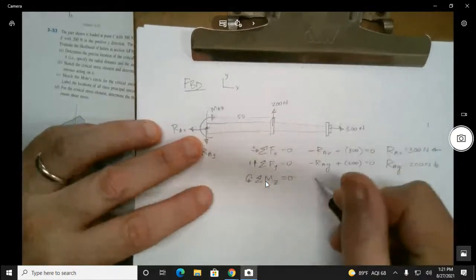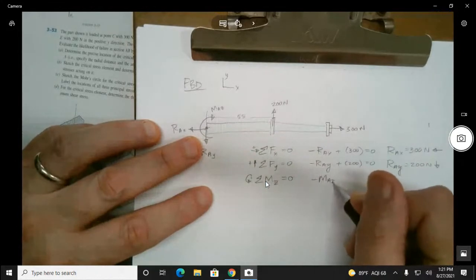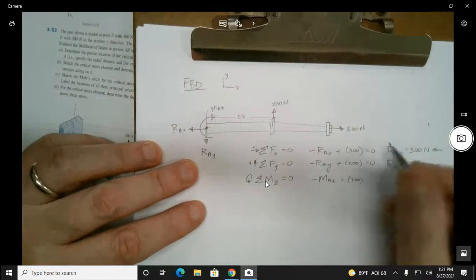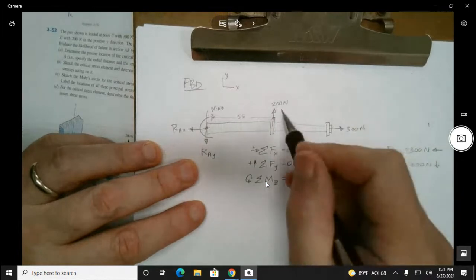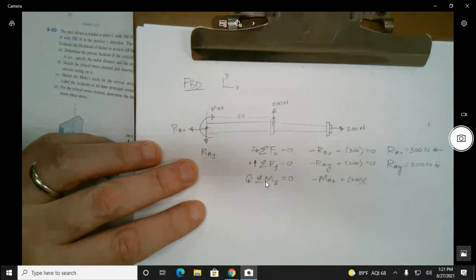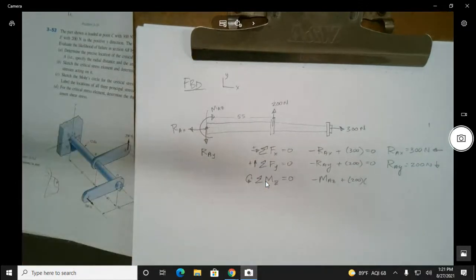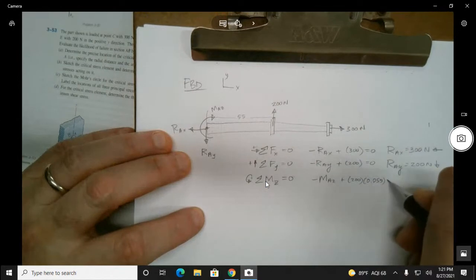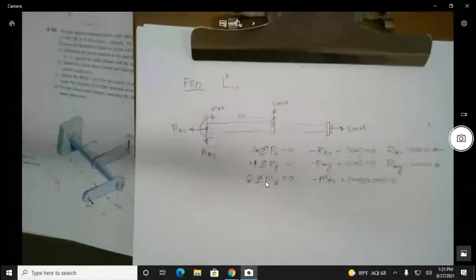So this one's clockwise, so it's going to be negative MAZ plus 200 times my 55. But I want to be careful. I want to use Newton meters, right? So if I have kilonewtons and I have millimeters, the kilo kills the milli, right? Don't worry about it. But here, let's go ahead and write it out. It's 0.055 meters equals 0.